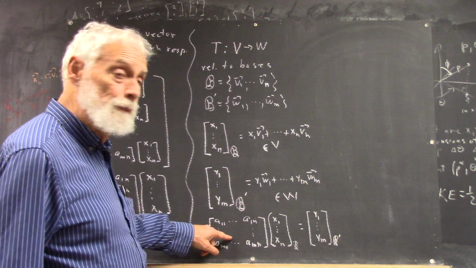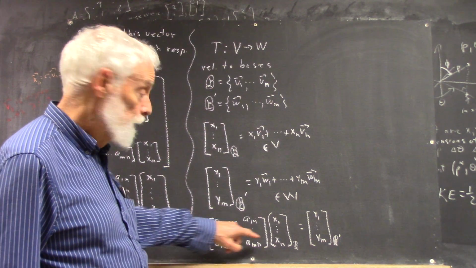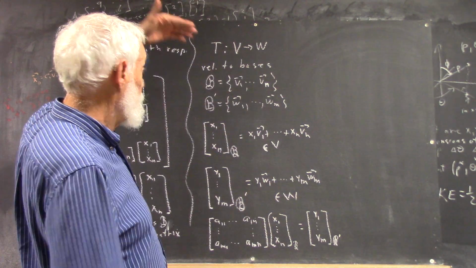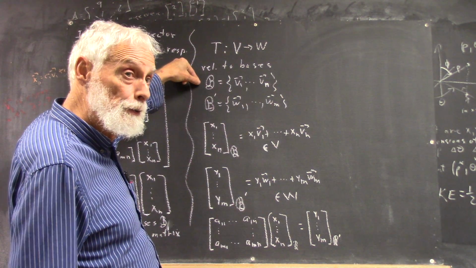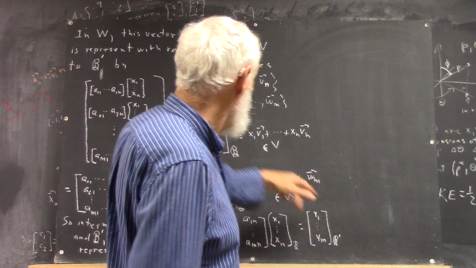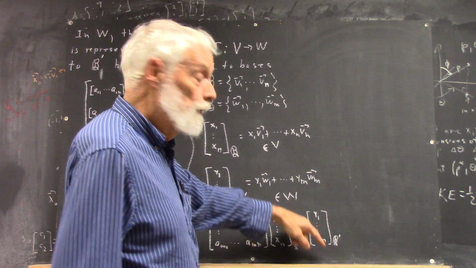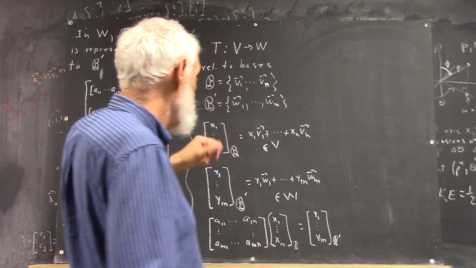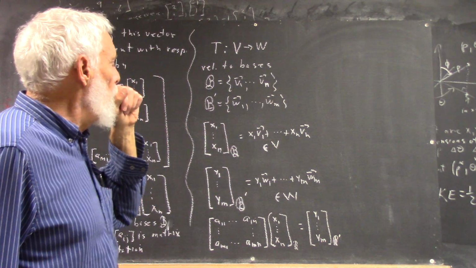Or this matrix represents the transformation in the sense that if this vector represents a vector in V relative to this basis, then the product you get will be the representation of the vector in W to which it's mapped.